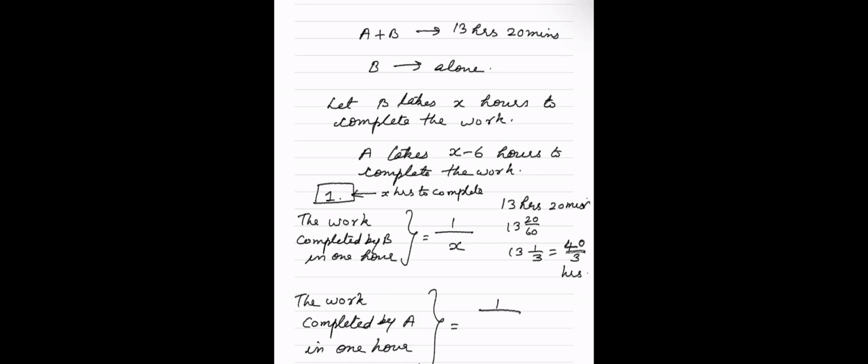So 1 by x minus 6 is the work done in 1 hour. Understood? Similarly, I also want the work completed by A and B together in 1 hour.